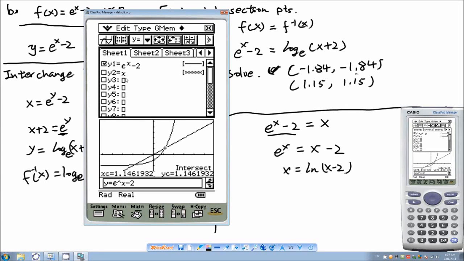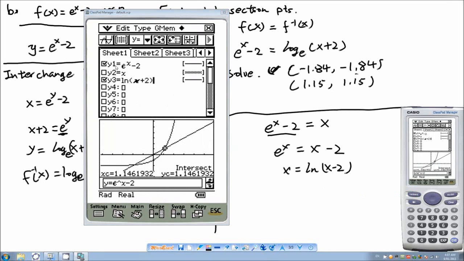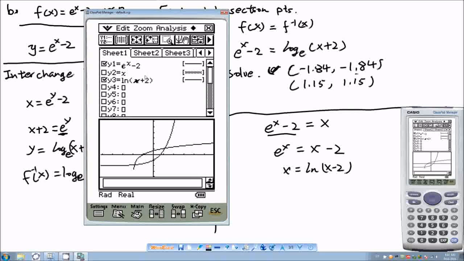If I input both the function and its inverse function into the graph, I would see this shape because they are a reflection of each other on the line y equals x.